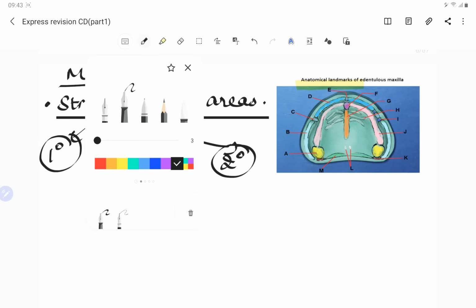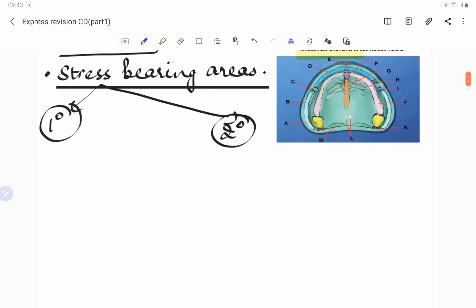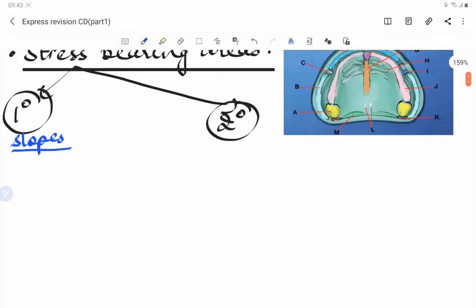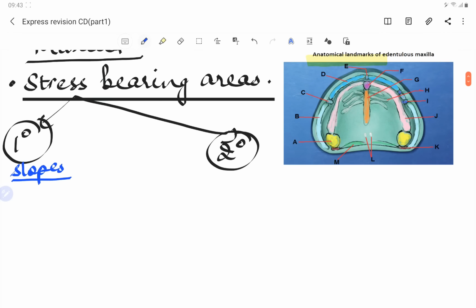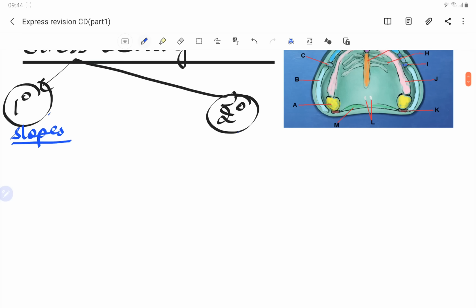So the primary stress bearing areas are all the slopes. I am talking about the shortcut here. Why do we call it the primary stress bearing area? Why are we differentiating the stress bearing area into primary and secondary? If we talk about primary stress bearing area, there is going to be least resorption.